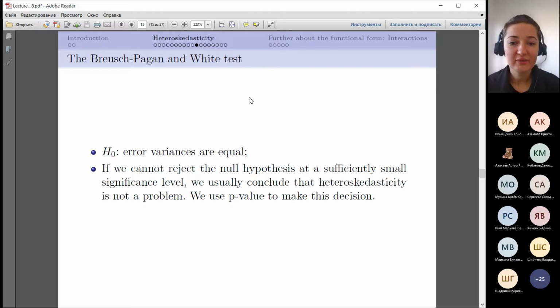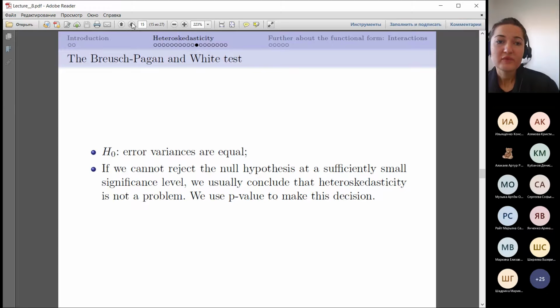But unfortunately, if we have a very small p-value, in this case, we should reject the null hypothesis and we should conclude that we have the problem of heteroscedasticity.